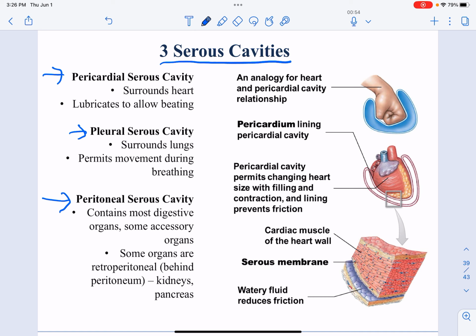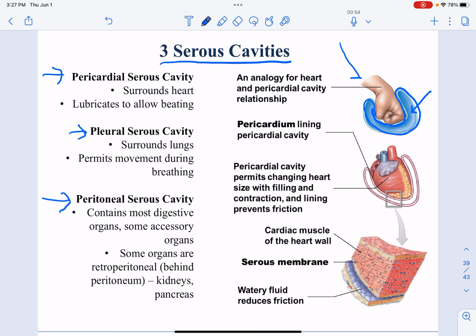All right, so what happens is when the lung or the heart is developing, it starts as a bud and it pushes down into these 2 membranes right here. And by doing that, it creates a double-sided membrane with fluid inside of it.